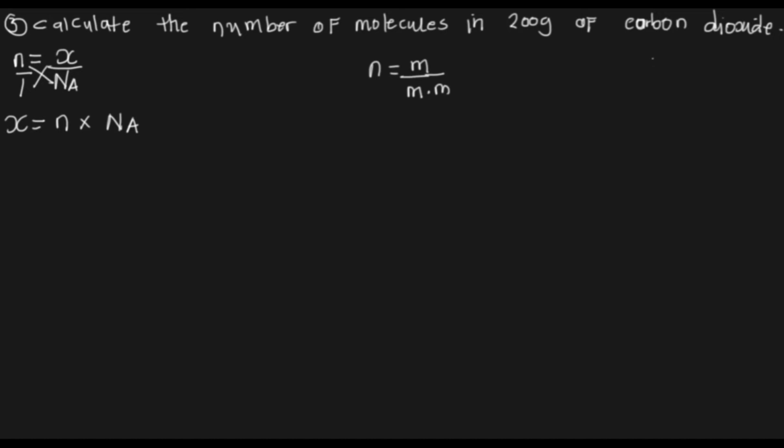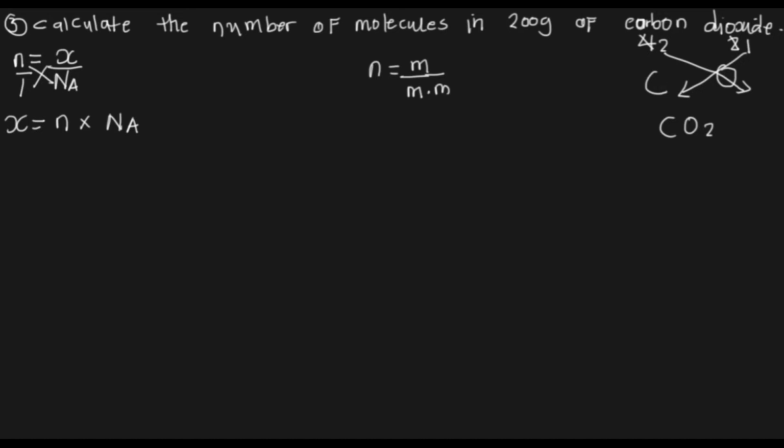Carbon dioxide is CO2, but let's just use the rules. Carbon has a valence of 4, oxygen has a valence of 2. If we cancel, 2 into 2 is 1, 2 into 4 is 2. So we can now interchange. The 2 will go here, then 1 will go here. So we have the chemical formula of carbon dioxide.